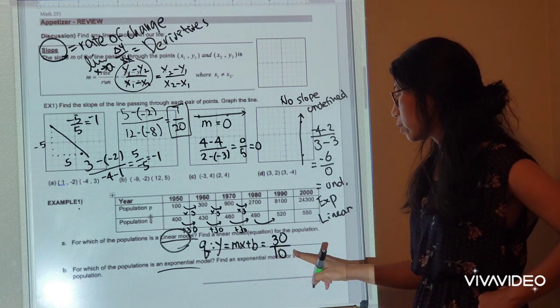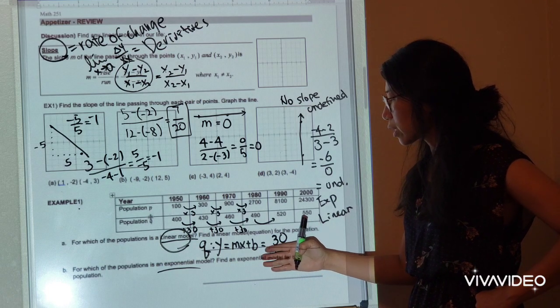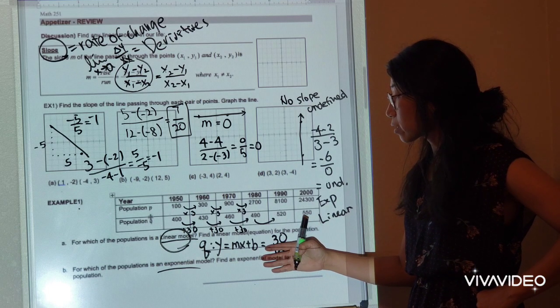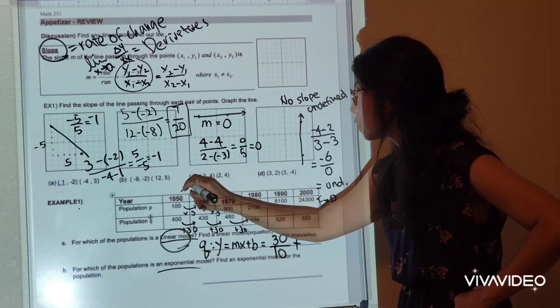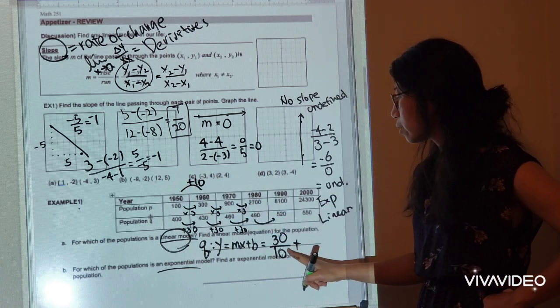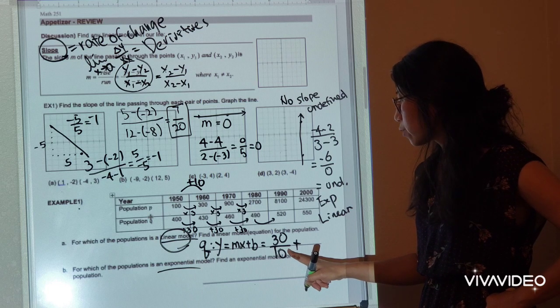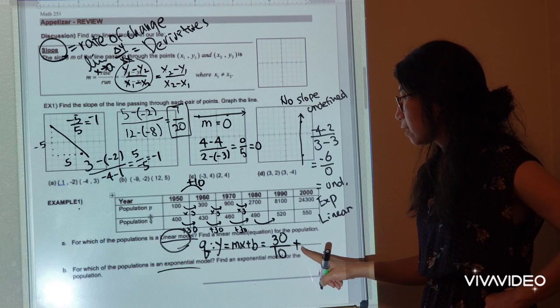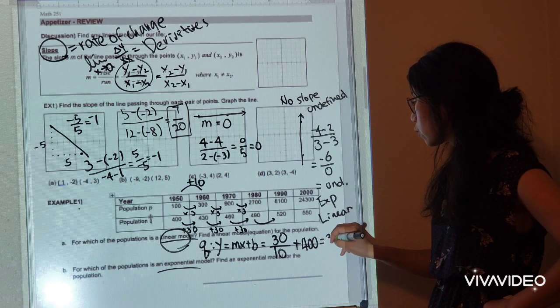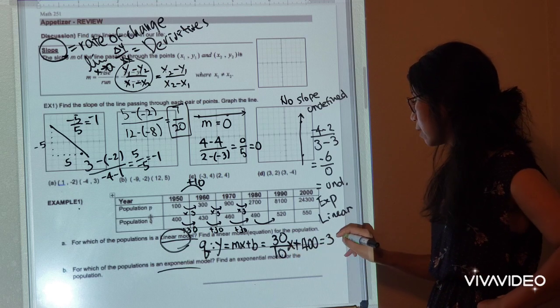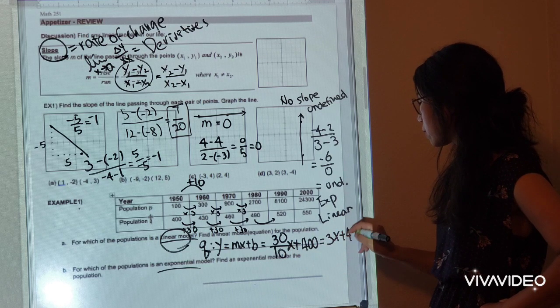Careful, it's not 1 year. If it was 1 year, you could just put 30x plus 400. But it's every 10 years, so I'm going to divide the x value by 10. Then the population of Q starting from 400, my equation is going to be, oh, I forgot x, 3x plus 400.